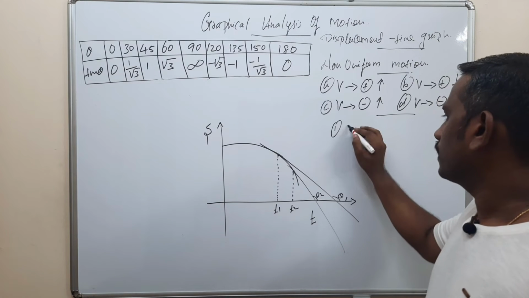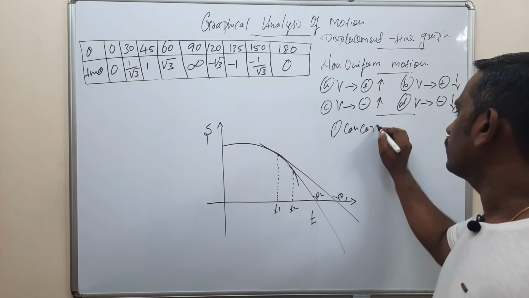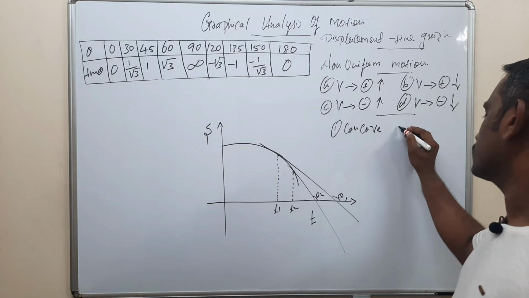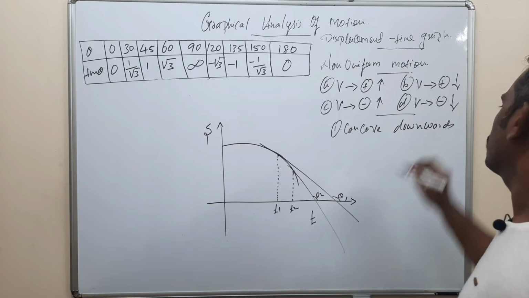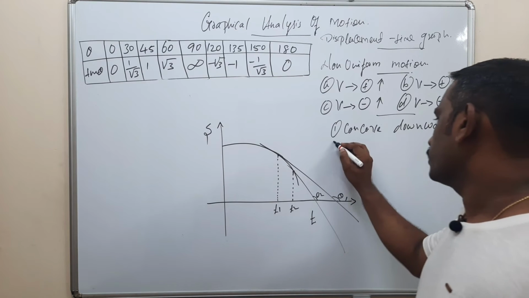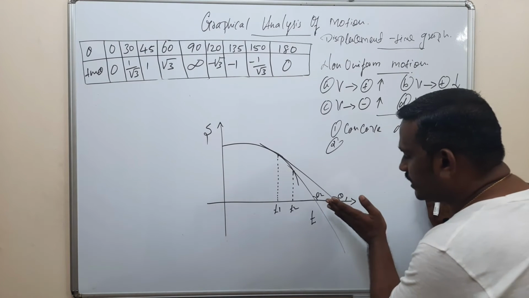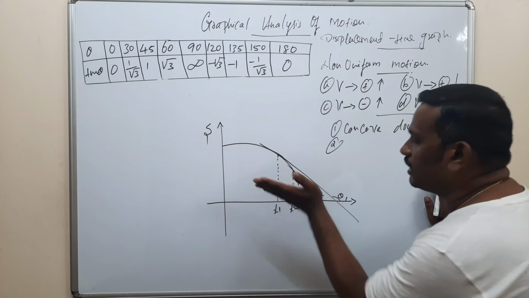One, concave upwards, sorry, concave downwards. 2. The theta value is greater than 90 degrees.